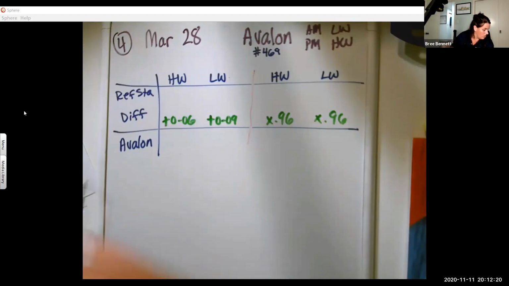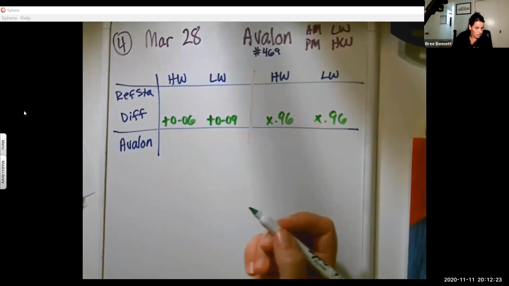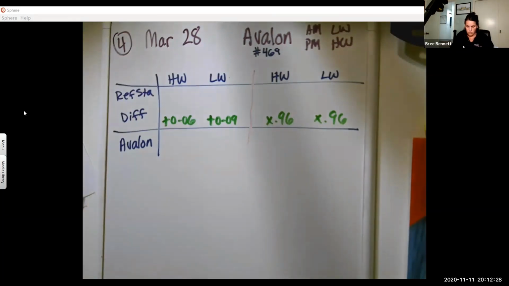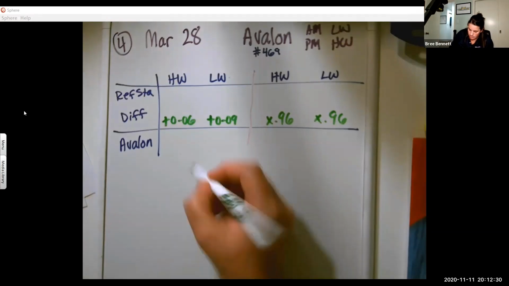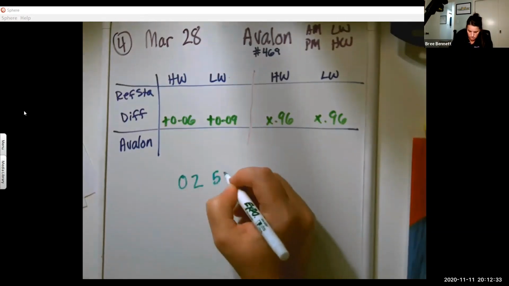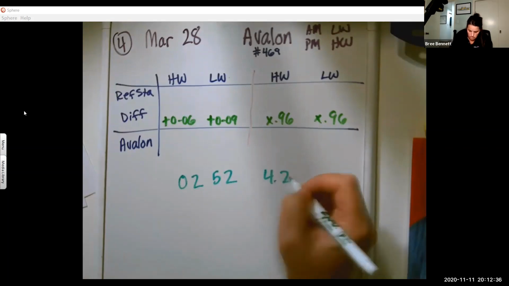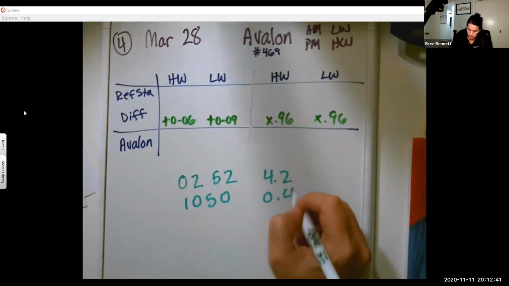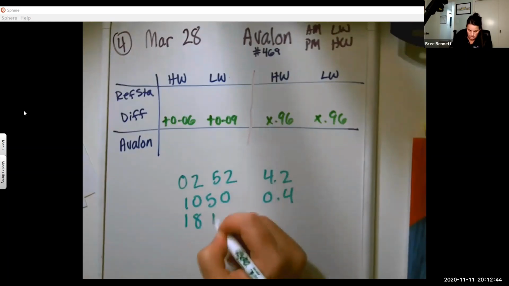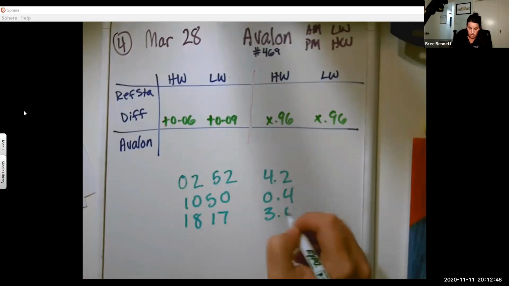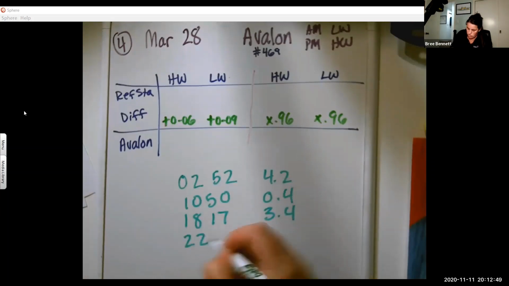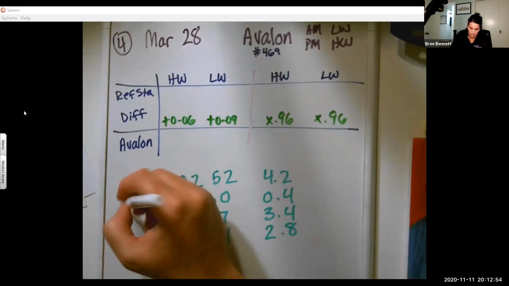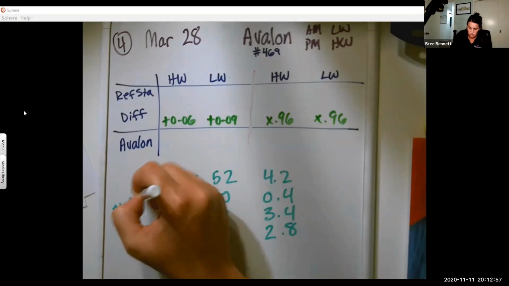Okay, so March 28th, we have 02, 52, 4.2, 10, 50, 0.4, 18, 17, 3.4, and 22, 41, at 2.8. And that's March 28th.